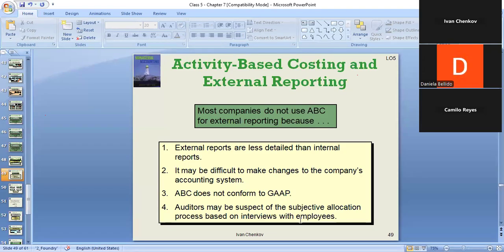It may be very difficult to make changes to the company accounting system in order to accommodate activity-based costing. The other thing is activity-based costing doesn't conform with generally accepted accounting principles, accounting standards for private enterprises, and international financial reporting standards. And when auditors see activity-based costing, they're very skeptical in terms of how the activity was determined, how the calculation for that activity was determined, and anything like that.